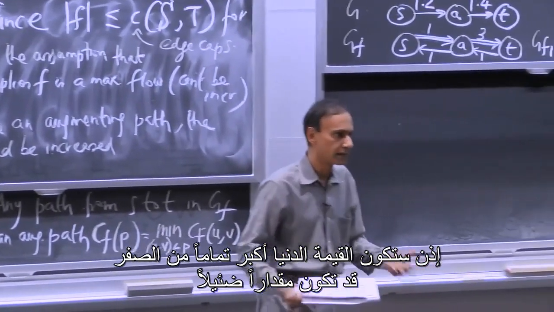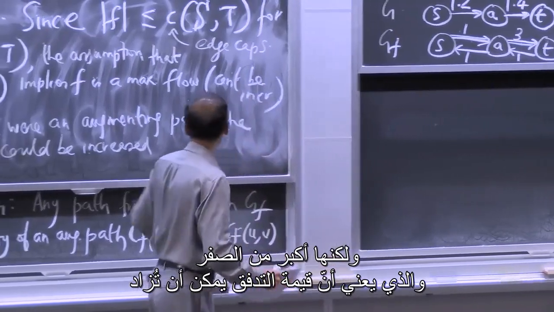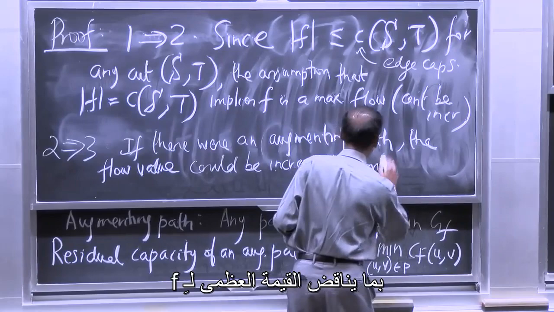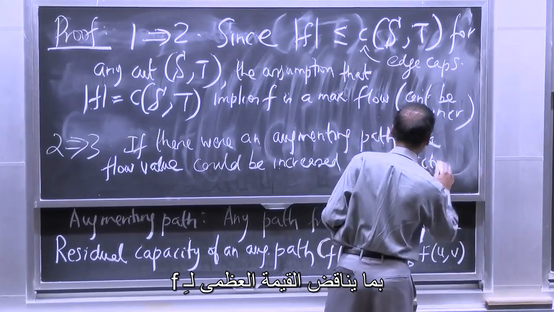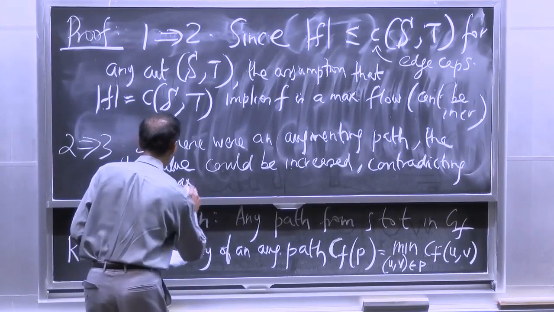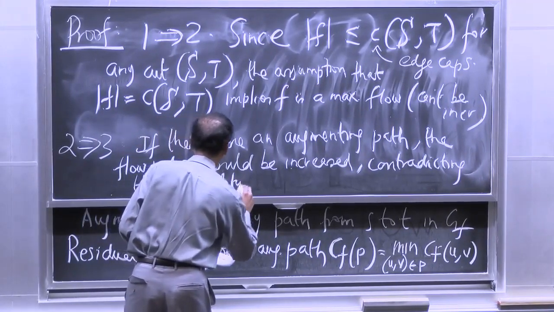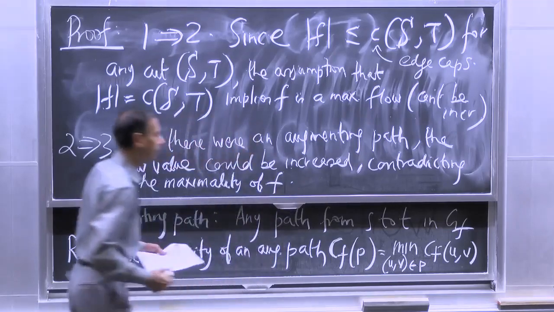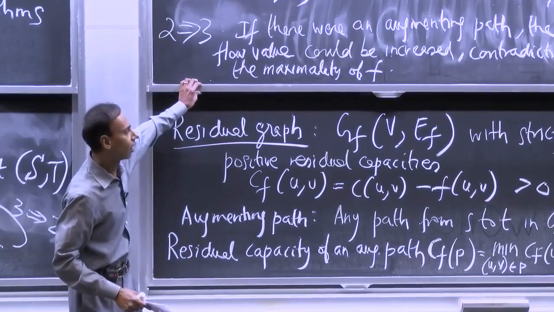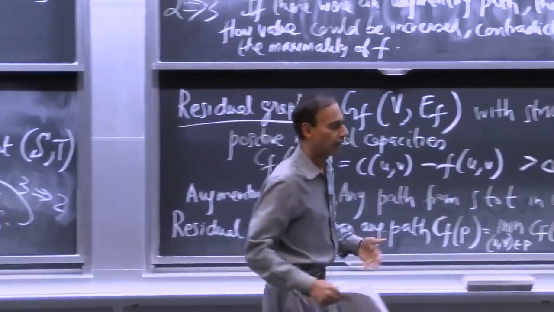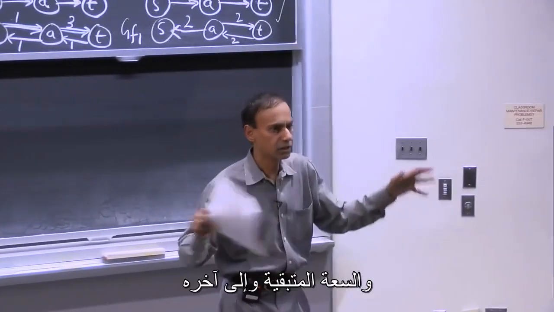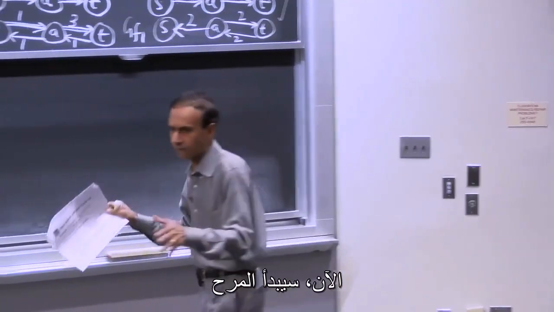It might be some tiny quantity, but it's greater than 0, which means that the flow value could be increased, contradicting the maximality of F. So a little proof by contradiction gives you 2 implies 3. So far so good. This is primarily based on the definitions of augmenting paths, residual capacities, et cetera. Now the fun starts.